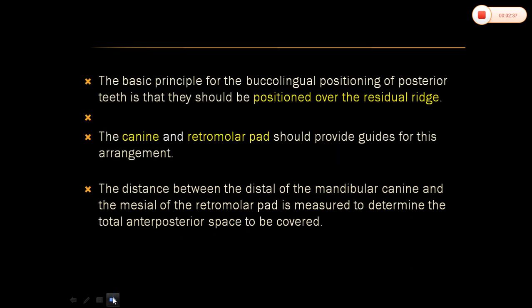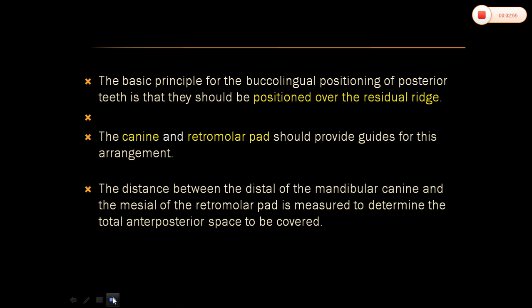The basic principle for the buccolingual position of posterior teeth is that they should be positioned over the residual ridge. The canine and retromolar pad provide the guide for the teeth arrangement.